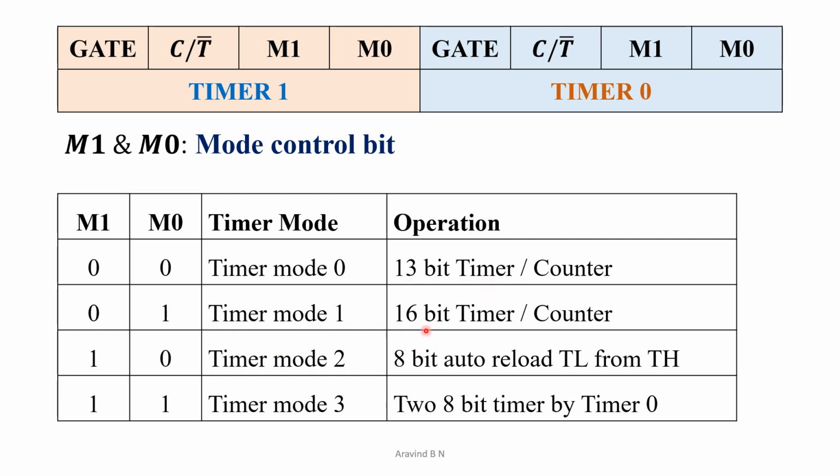Timer mode 1 is a 16-bit timer or counter. Timer mode 2 is an 8-bit auto reload TL from TH register. Then 11 is timer mode 3, which is two 8-bit timers, by timer 0 only. Let's have more discussion on these timer modes.